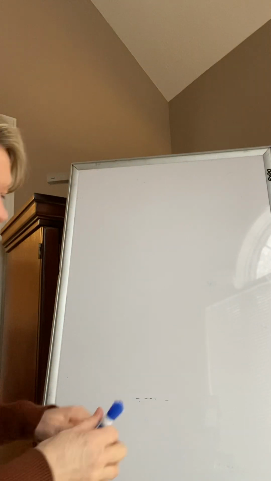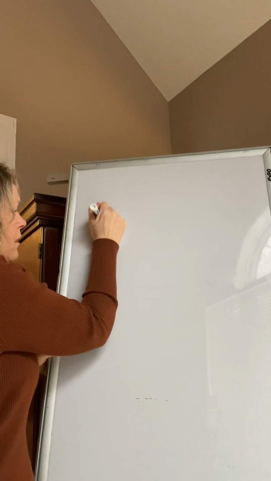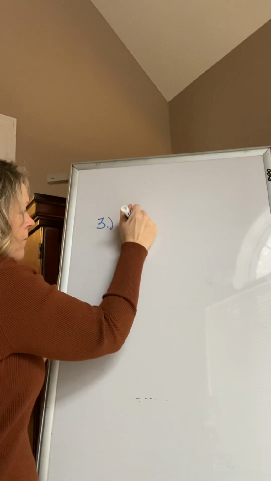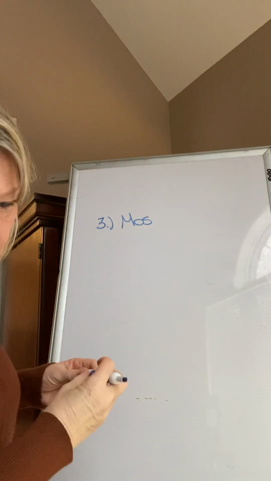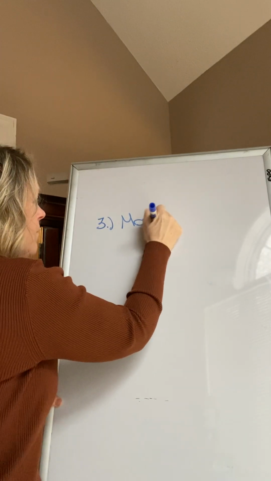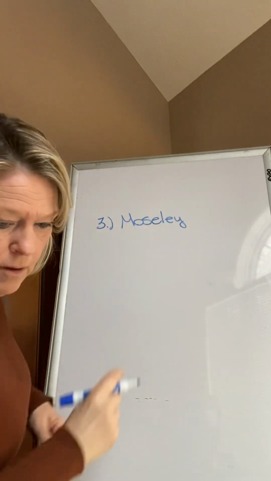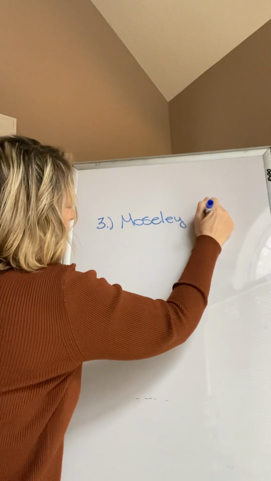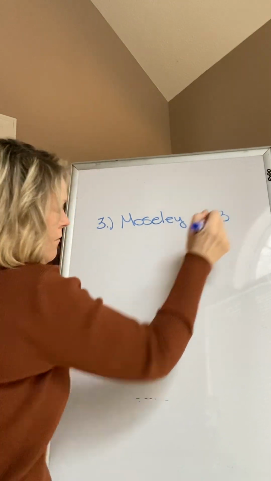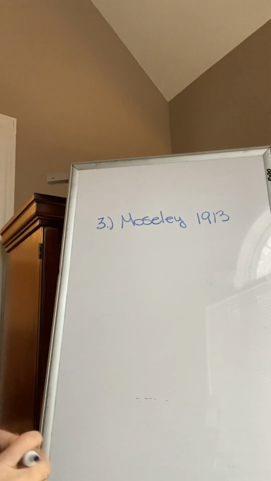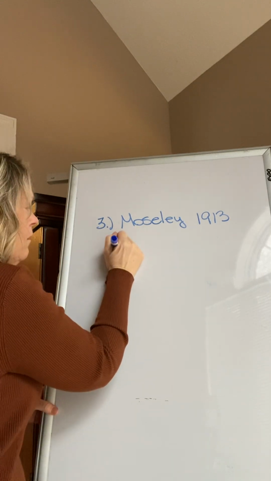The third person that we're going to take notes on is Moseley. Okay, so we're up to about 1913 now in our time frame. So this all happens in a relatively close amount of time. He is English.